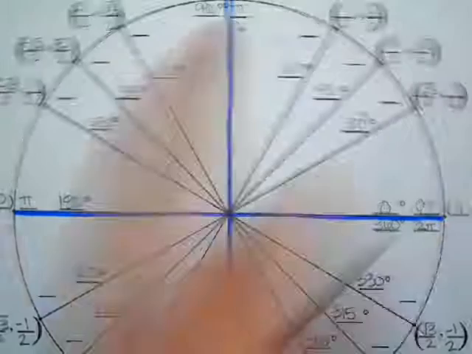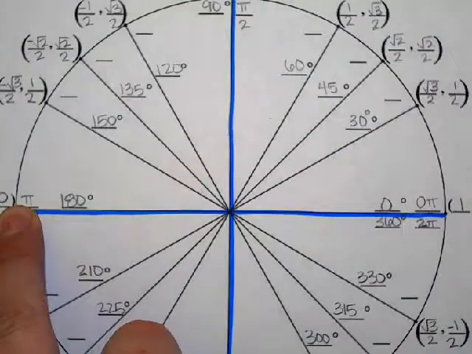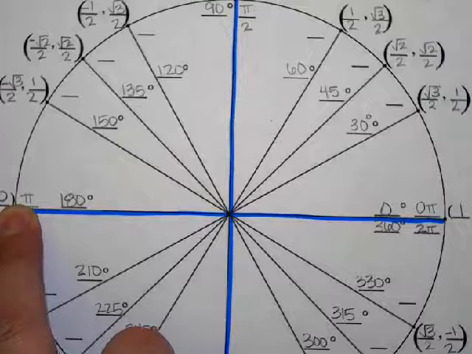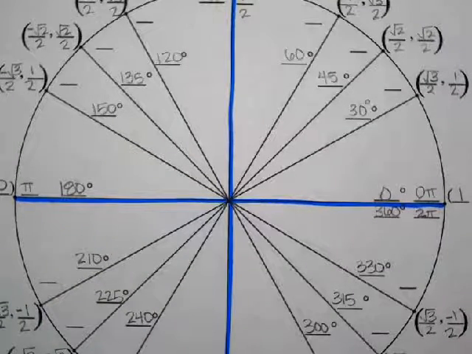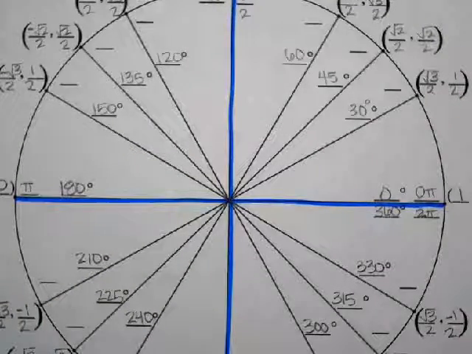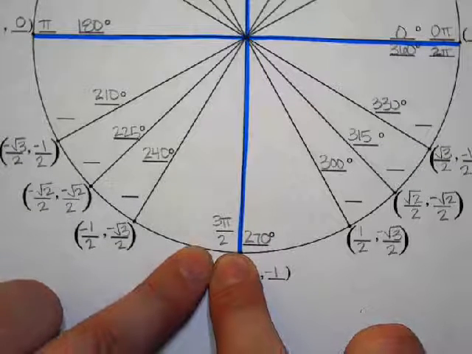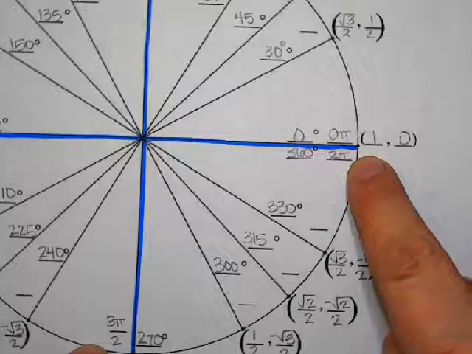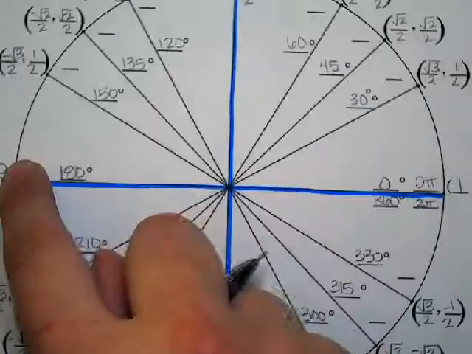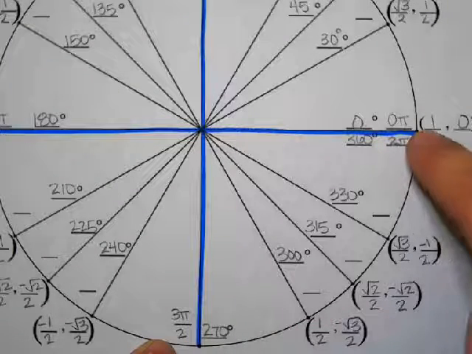This is 3 halves. This is 4 halves, but I already wrote a number there, so I'm not going to write it again. Okay? So we've got 1 half, 2 halves, 3 halves, 4 halves. See how the fractions work? All right, you guys ready for fourths? Okay, I'm going to use my green.